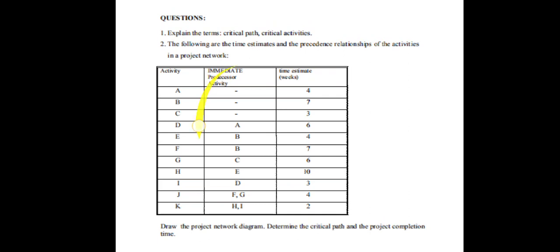The predecessors, times and activities are given. We have solved a number of problems of this type. Draw a project network diagram and determine the critical path. Just a few seconds ago we discussed how to determine the critical path and project completion time.